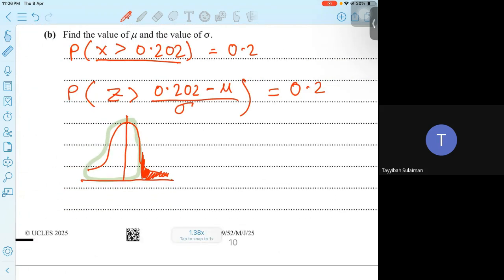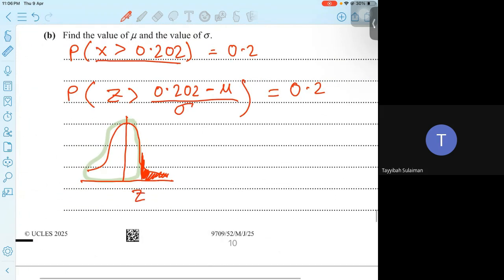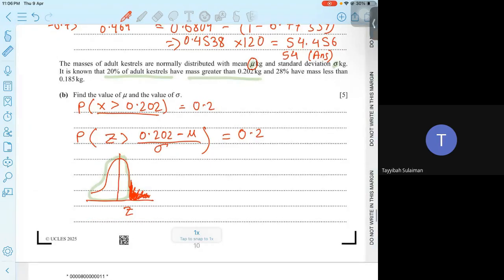For a value of z, more than this is going to be 20%. Okay. So do you know how to find this value from the table? Can any of you find the value for me and let me know what you get?